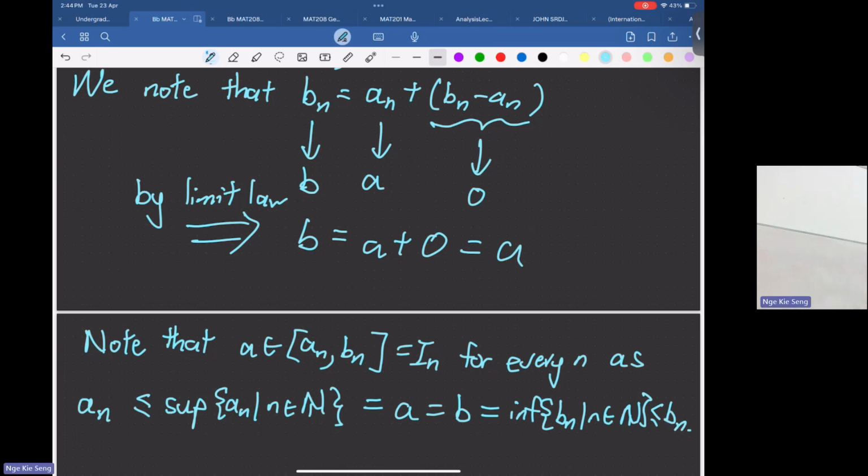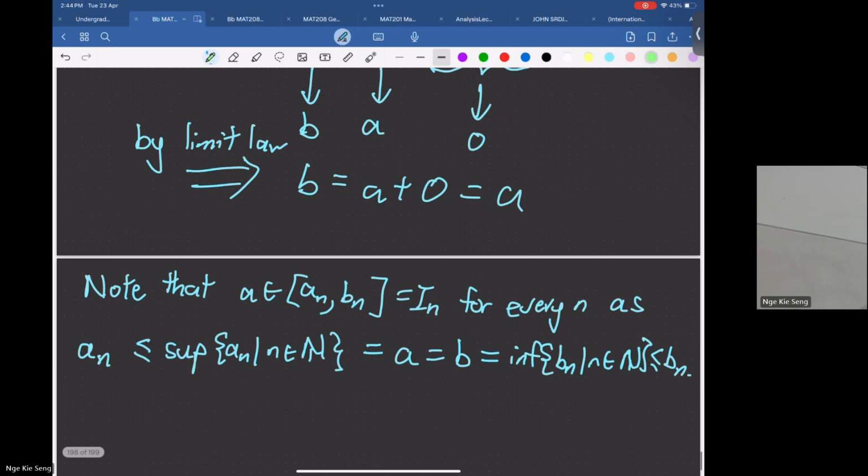Why is this inequality enough to mention this membership here? Because this is how we define the interval. How do we define the interval? So let me write down by definition.